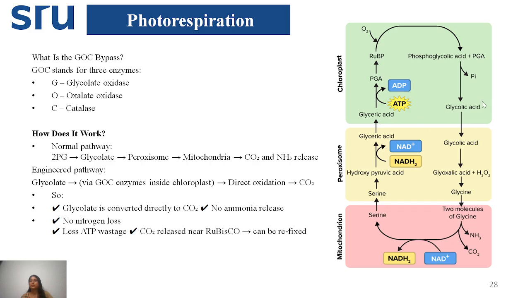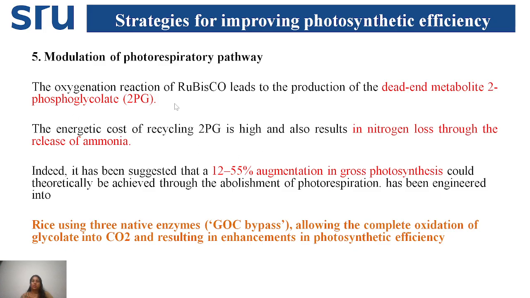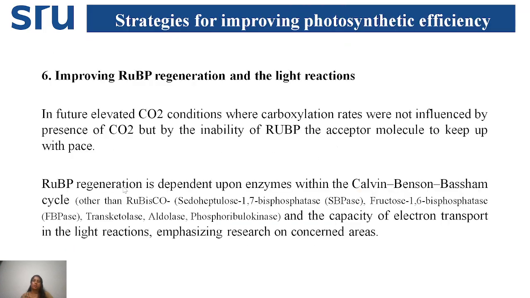It will convert this glycolate to glycerate. So all these three enzymes, instead of going around the three organelles, convert this glycolate into glycerate immediately in the chloroplast. This GOC bypass pathway helps in reducing photorespiration and also improves photosynthesis by 12 to 30%.